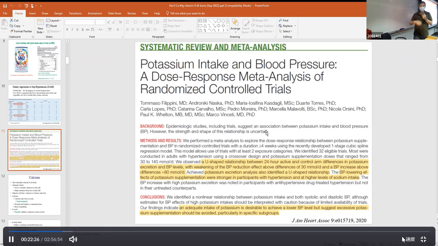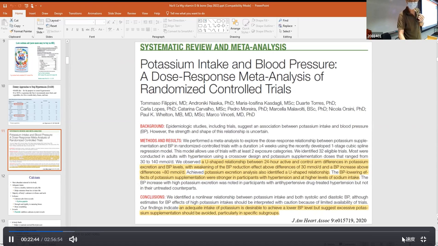So my key point is that you would like to decrease your sodium intake. You want an adequate intake of potassium, but too much potassium, based on recent data, is not necessarily good for you.